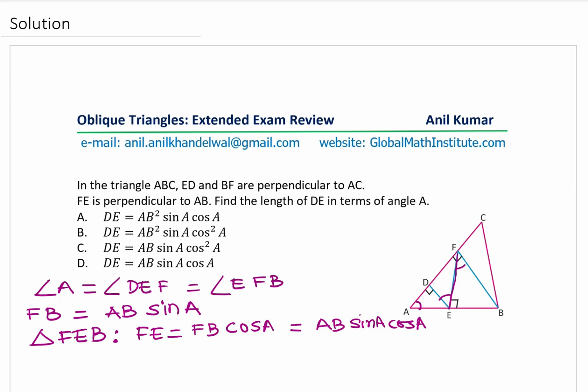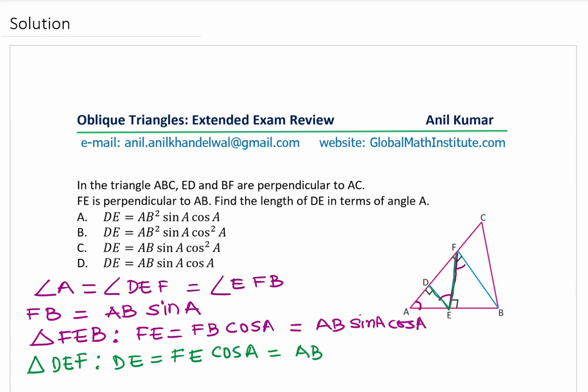Now let's find the actual side required, which is DE. If I go to the smaller triangle DEF, this is angle A we're talking about, and the hypotenuse now is FE, and DE becomes the adjacent side. That means the cosine relation. So DE is equal to FE cos of angle A. But FE is AB sine A cos A. So we'll replace this.